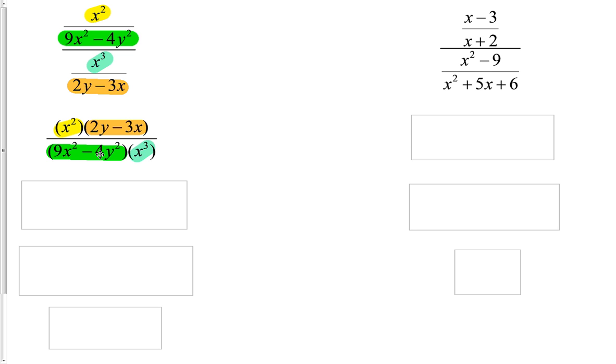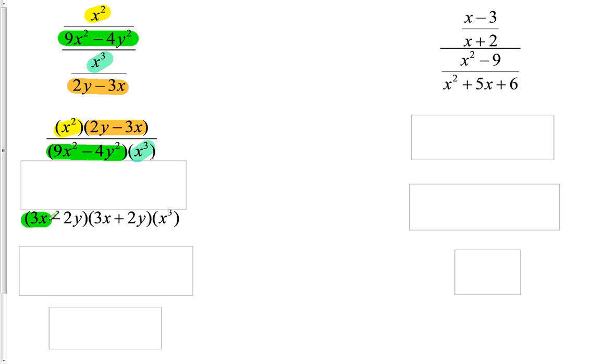There's two terms, and there's a difference. 9x squared, square root of that is 3x. 4y squared, square root of that is 2y, so we have a difference of squares here. So in our denominator, this could simplify down to 3x minus 2y and 3x plus 2y.